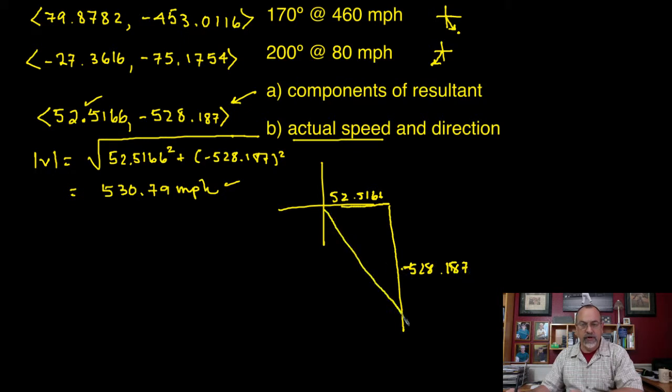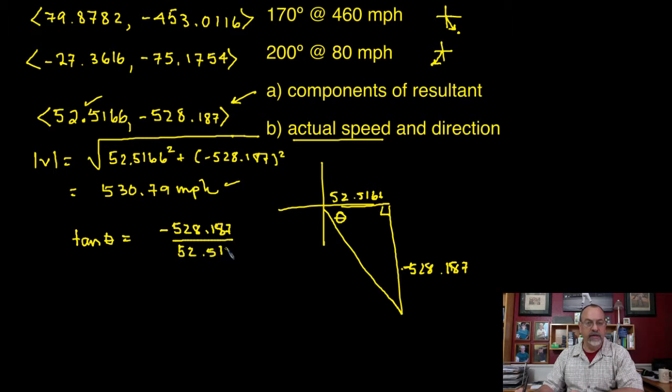Okay, and we draw this, and sorry for my drawing, I'm going to have to make a little adjustment. Here we go. This is a right triangle, and I want to know what this angle is. Well, this is opposite over adjacent, so I could use the inverse tangent. In other words, the tangent of the angle is equal to the opposite side, negative 528.187 over 52.5166.